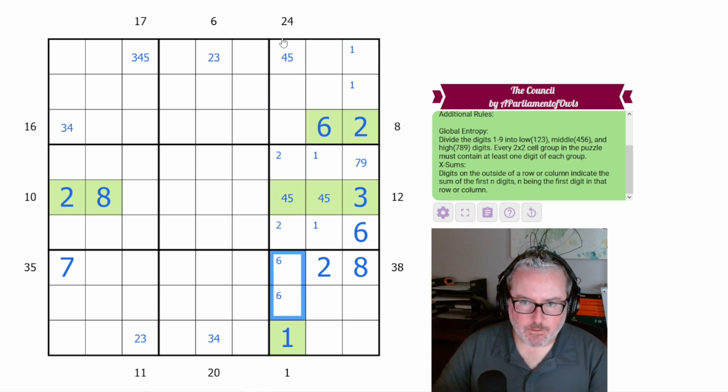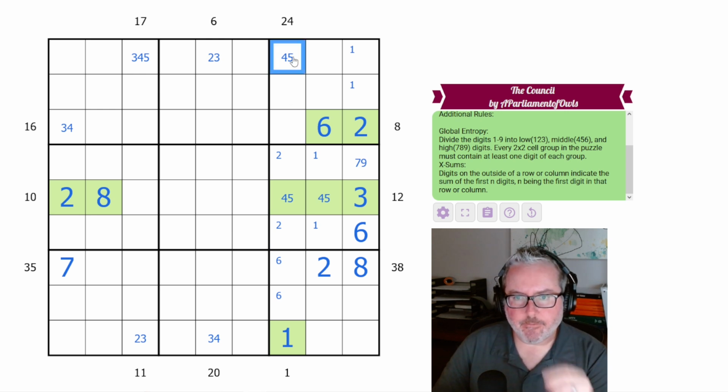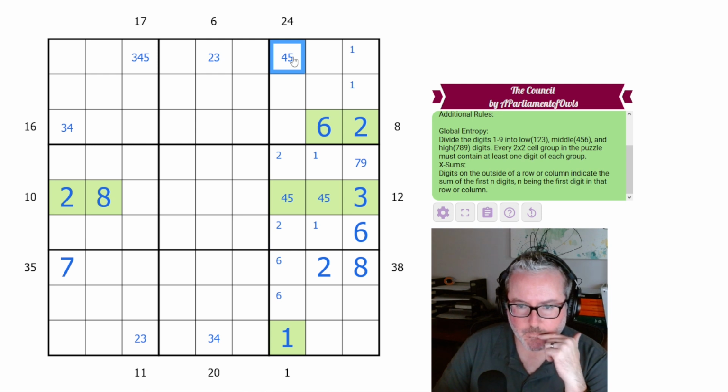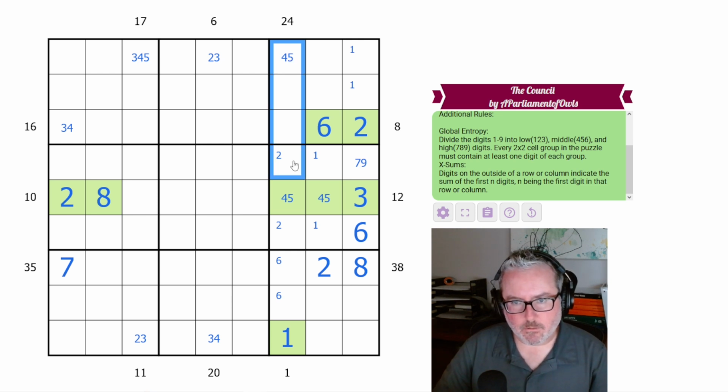What about this 24 clue now? Do we have enough information in here to say anything? If this is a 4 clue, what does that tell us? It tells us these equal 24.